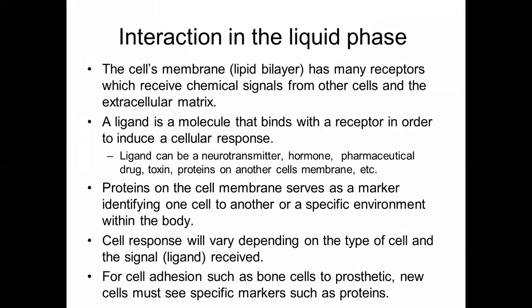So proteins on the cell membrane serve as markers to identify one cell to another in a specific cellular environment. And we had a discussion when we looked at cancer and liposomes of recognition of like red blood cells and bone cells in the body.